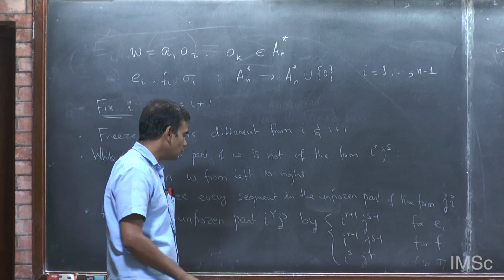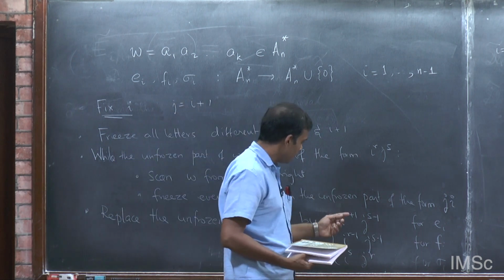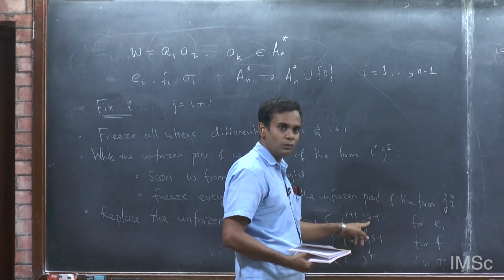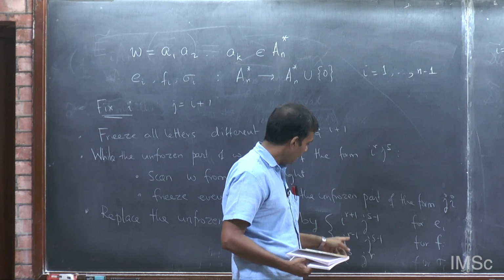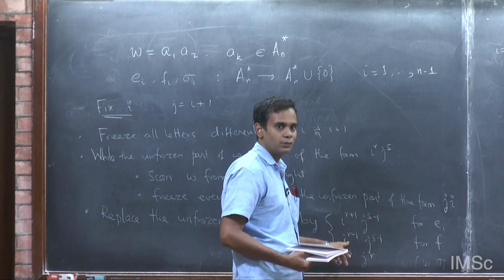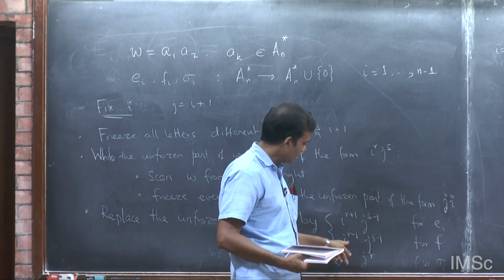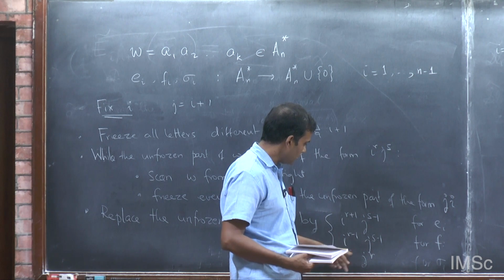Yeah. So, now of course, there is a problem. If s is 0, then you cannot do this, right, and if r is 0, you cannot do this, and this you can always do.